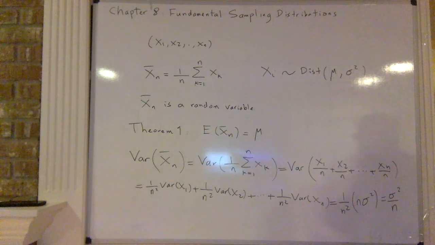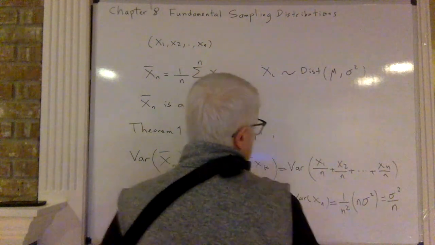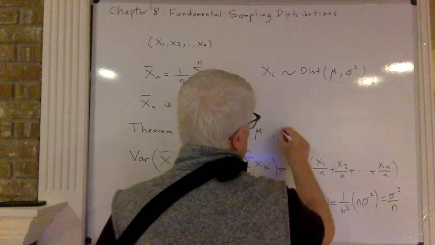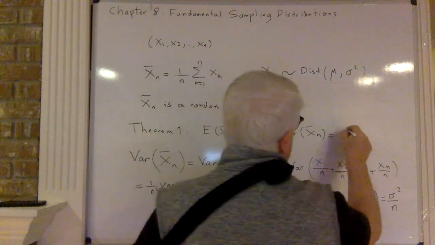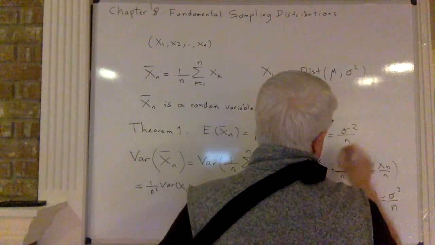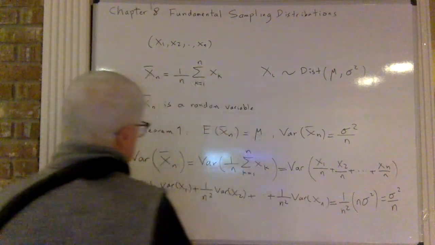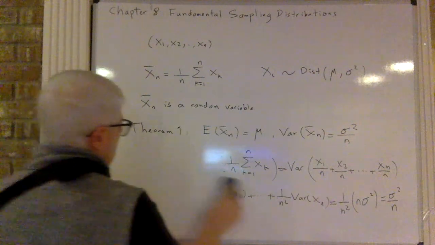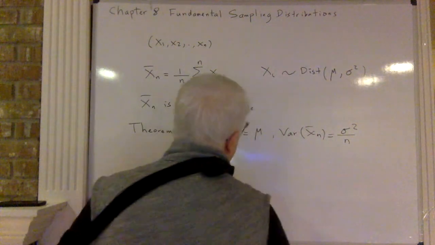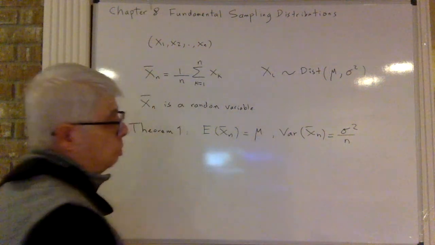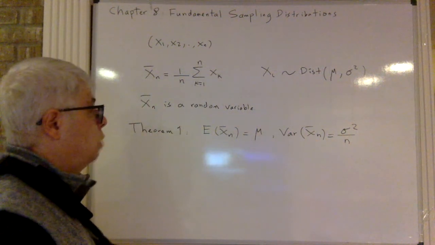So we have found that the variance of this is in fact sigma squared over n. So let me erase this. We didn't need the distribution to find these two. Those are, in fact, properties of expected value and variance.